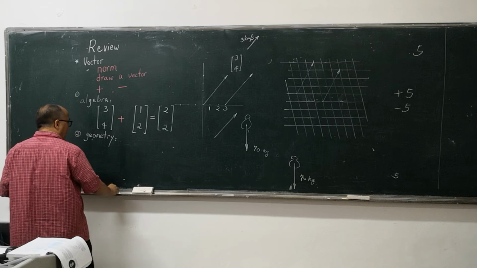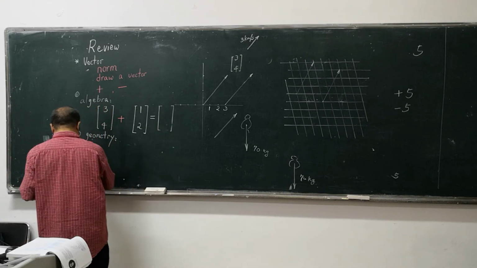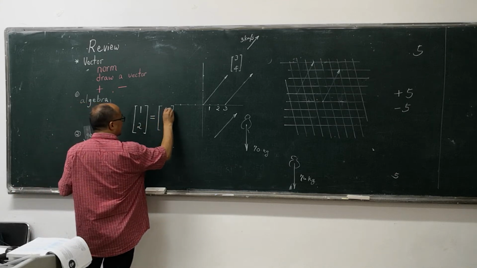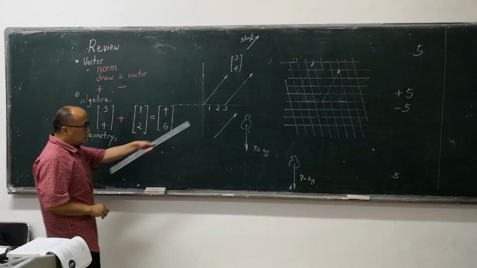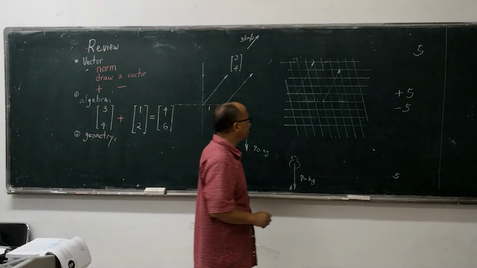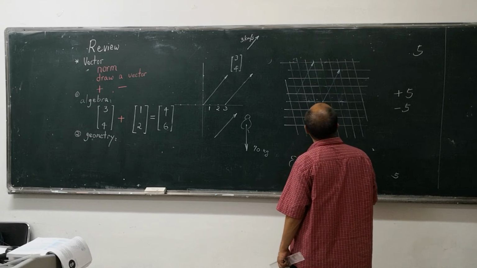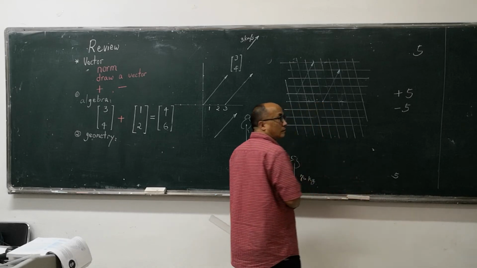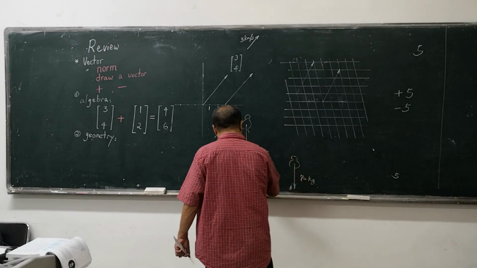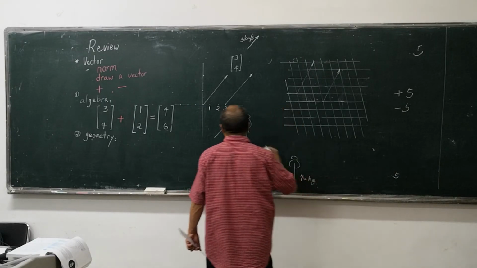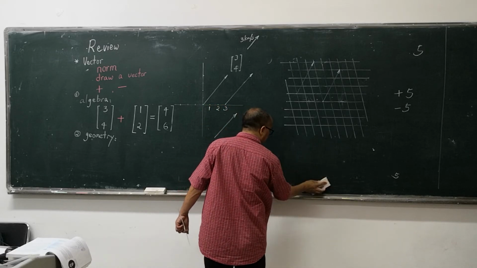This one plus this one we know is 4, 6. To do the geometry, remember how to add two vectors. How to add two vectors.